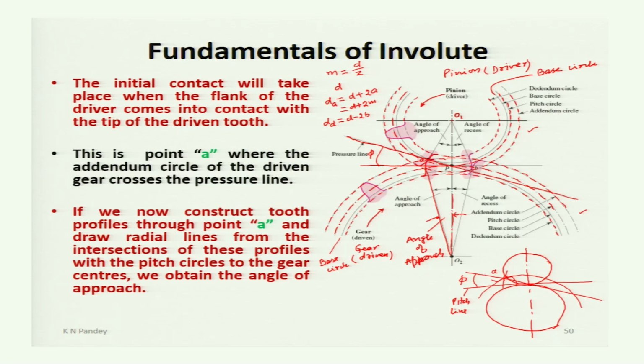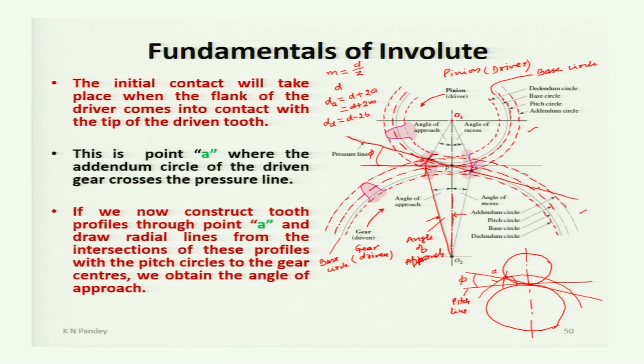The end of contact will be when the tip of the driver, this gear tooth profile and this gear tooth profile, when the opposite occurs, and that point small b is the end of contact point, and here the tip of the driver is touching the flank of the driven gear, and this B point is also the point where addendum of the driver is intersecting the pressure line.